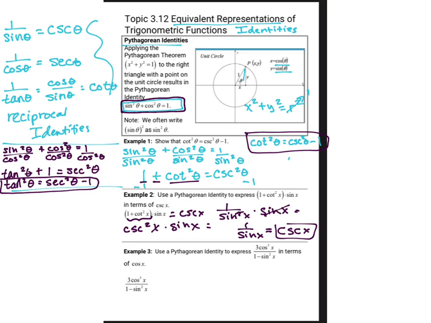All right, example 3. It says, use a Pythagorean identity to express 3 cosine cubed x over 1 minus sine squared x in terms of cosine. So that kind of gives you a hint as to what we're trying to substitute out. Do you see this 1 minus sine squared x business?